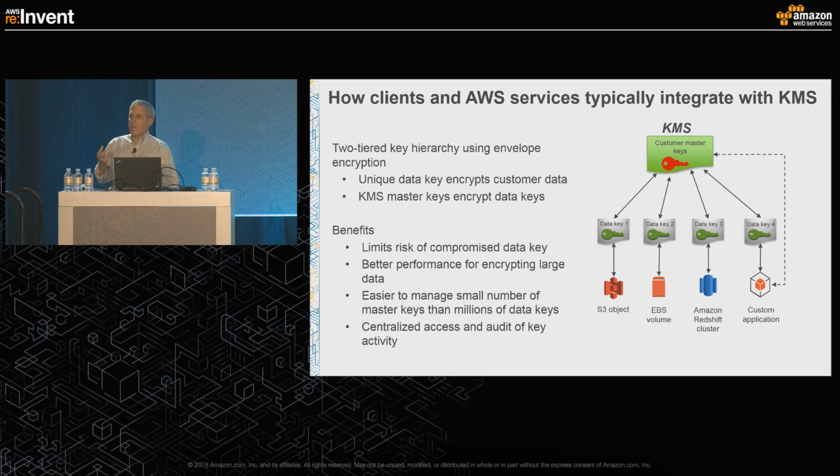It's encrypted with a key, and the only way you can get to that key is passing it back up to a centralized KMS server. Now, you'll notice that the dotted line on the right-hand side, I've shown that in a custom application using the SDKs, you can submit data directly to KMS for encryption under a master key. All right? It's possible.